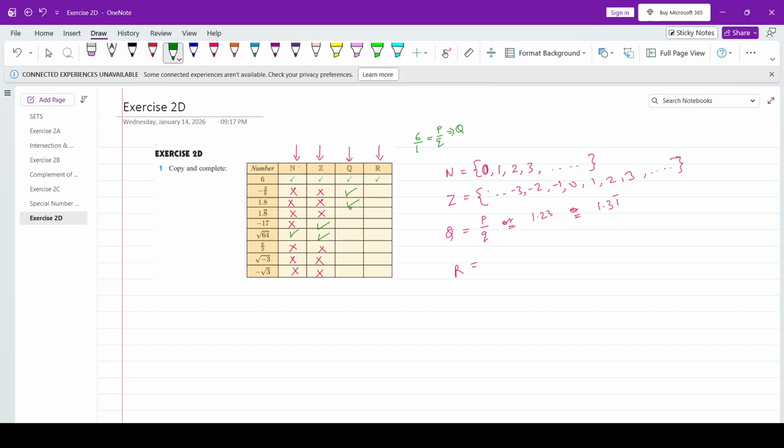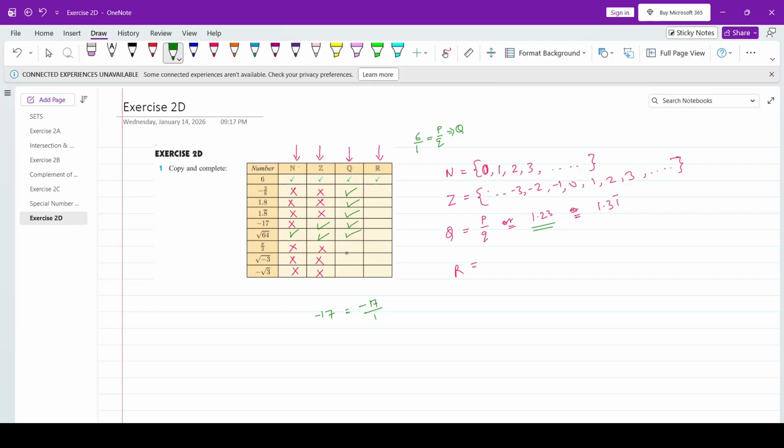1.8 is also a part of rational numbers because it is coming in this form. 1.8 bar is also a part of rational numbers. Negative 17 is a part of rational numbers because negative 17 can be written as negative 17 divided by 1. Square root of 64 is a part of rational numbers.